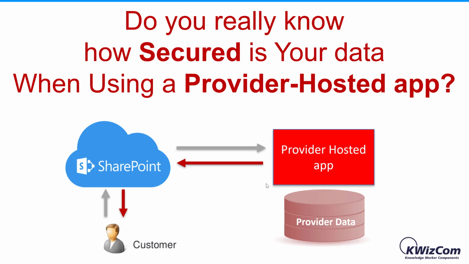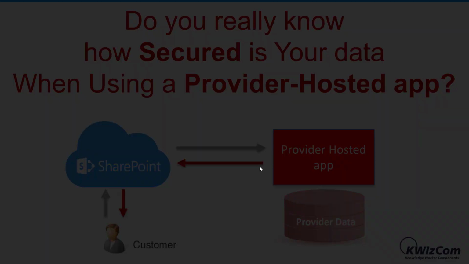So when you're using such an app, you see some UI on your SharePoint page, and when you activate it, you send a request. The processing is actually done on the vendor's server in the cloud. Some of your data may be temporarily saved on the provider's database for caching purposes or for additional processing, and then you get the results. So this is a provider-hosted app.